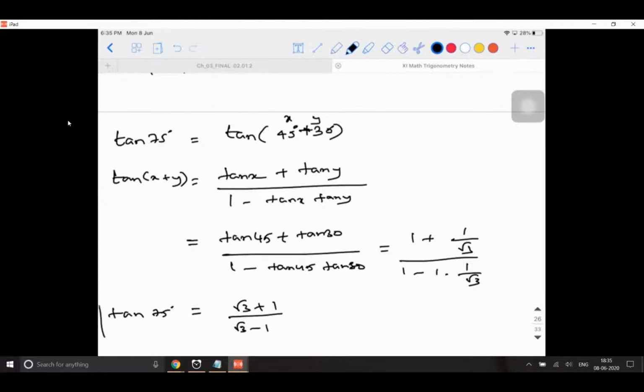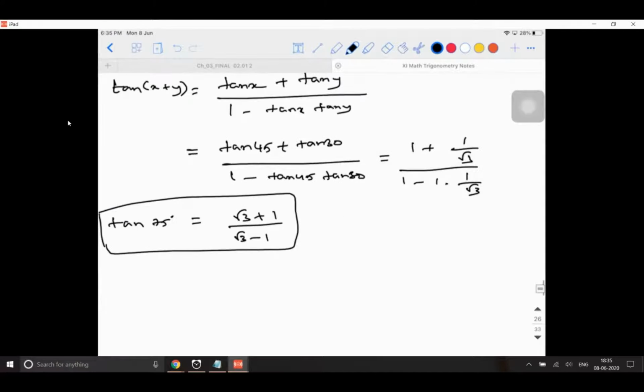So this is going to be the value of tan 75 degrees. Similarly, I'm leaving this to you: tan 15 degrees. I'll give you 2 minutes. Do it and tell me. 1 minus 1 by root 3 divided by 1 plus 1 by root 3.